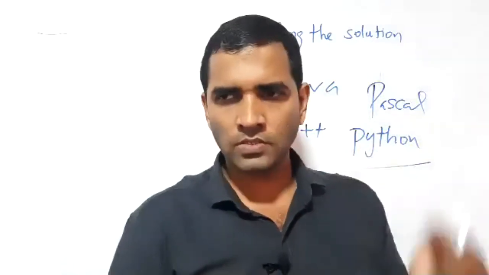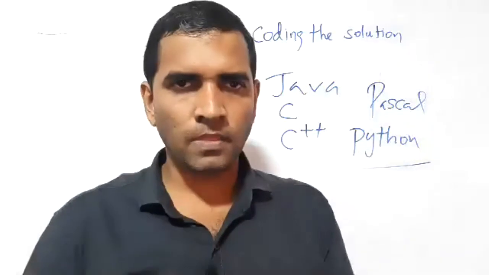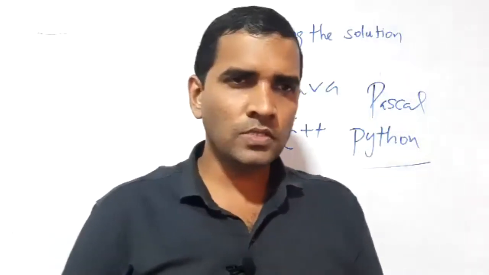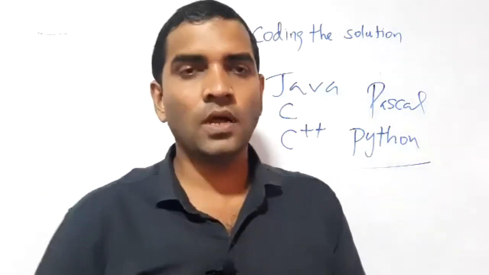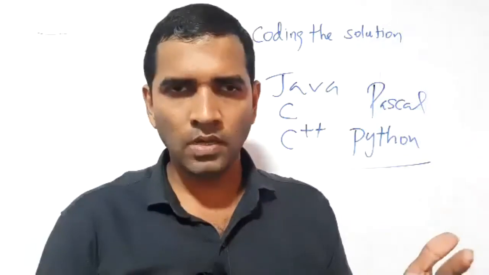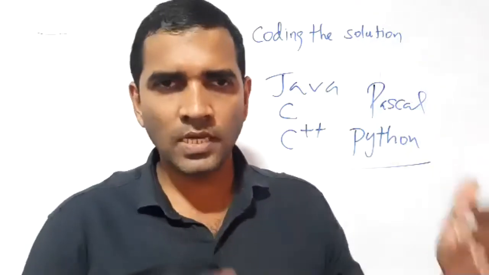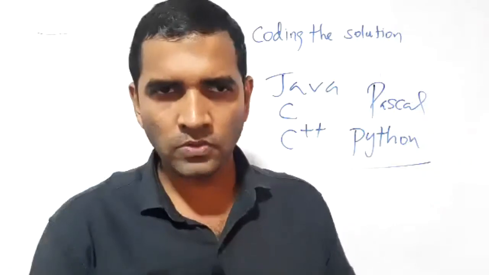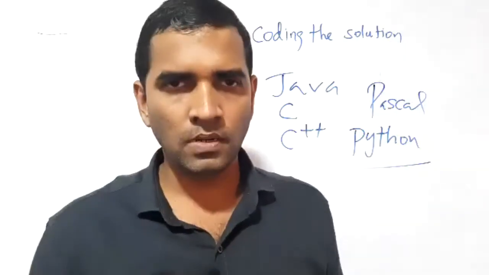Right. Now, at the end of this coding the solution, your system is ready. But even though the system is ready, you cannot use the system. You cannot start using your system, because that system may have errors, because that computer-based system was developed by people.